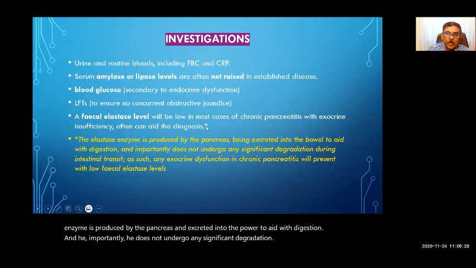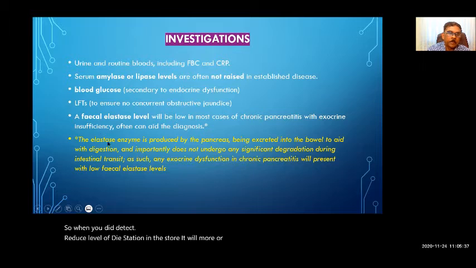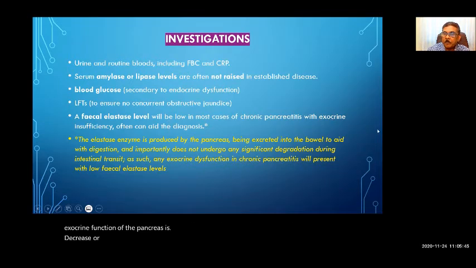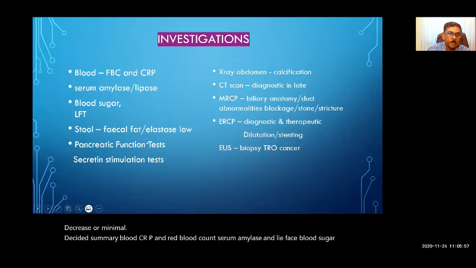So when you detect a reduced level of elastase in the stool, it is more or less an indicator that the exocrine function of the pancreas is decreased or minimal. So these are in summary: CRP and blood count, serum amylase and lipase, blood sugar, LFT, stool fecal elastase.